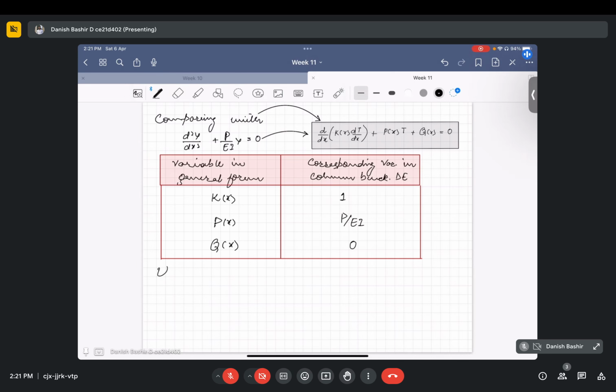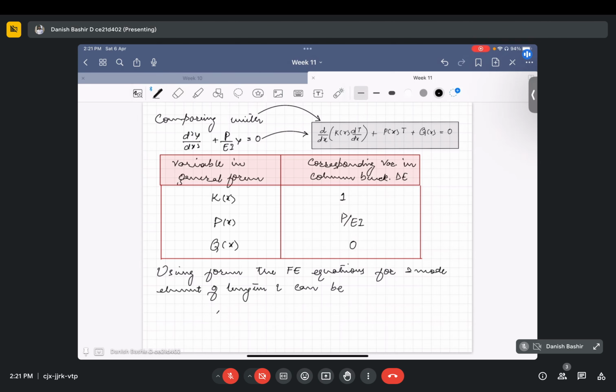So I will write here: using general form, the finite element equations for two node element of length L can be.